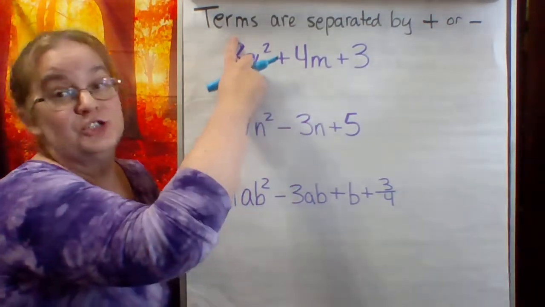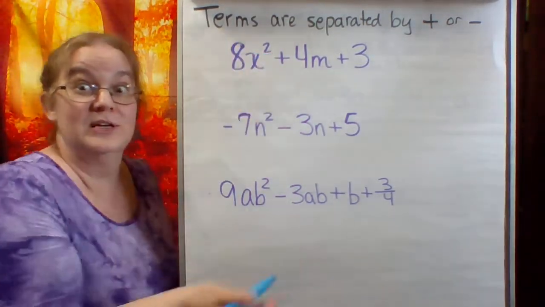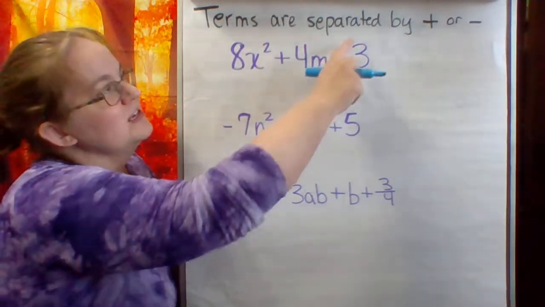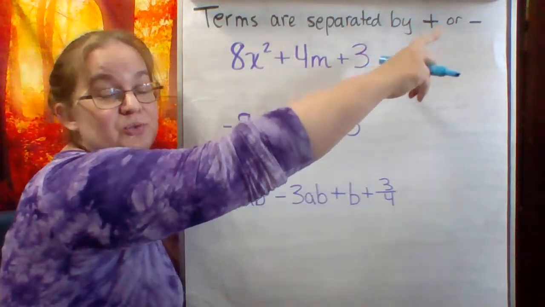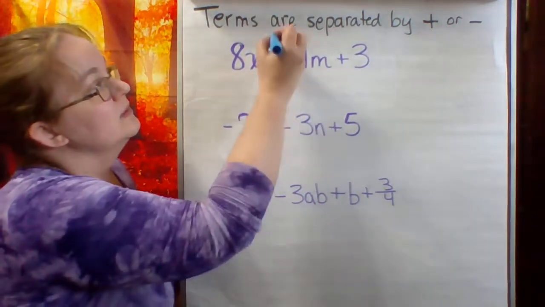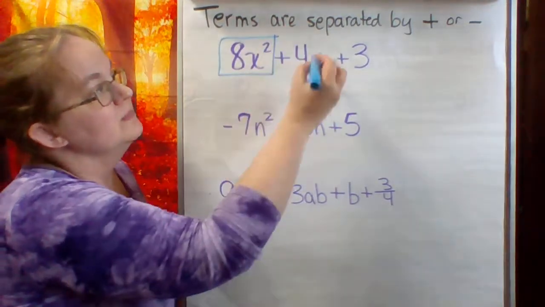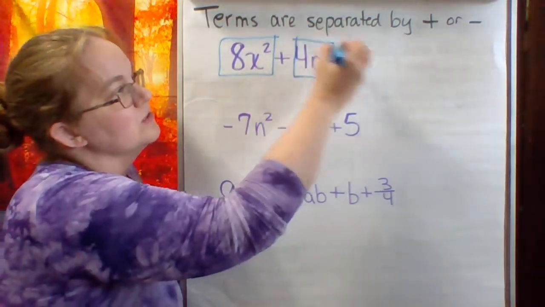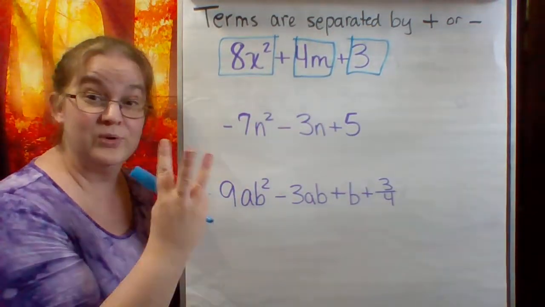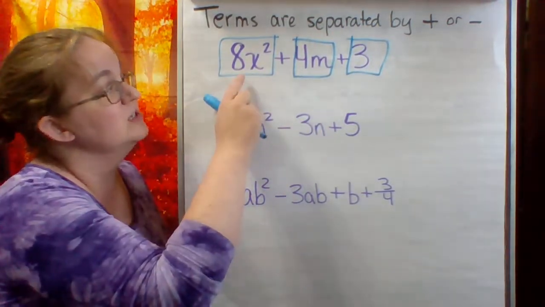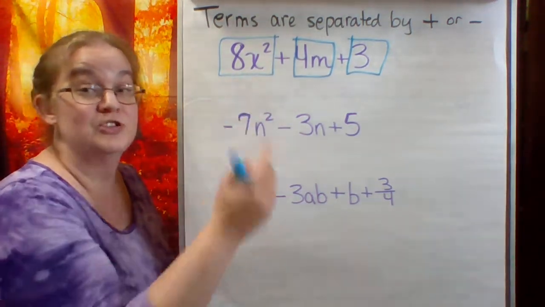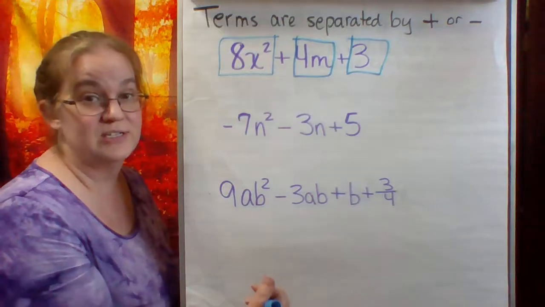Okay? So now that we've talked about some of the vocabulary, let's talk about one more important thing, and that's terms. If we're going to combine like terms, we have to know what a term is. Terms are things that are separated by an addition or subtraction sign. So if I look at this first example, this is a term, this is a term, and this is a term. So I have 3 terms for this first expression, and a term can consist of a number and variables, just a variable, or just a number.